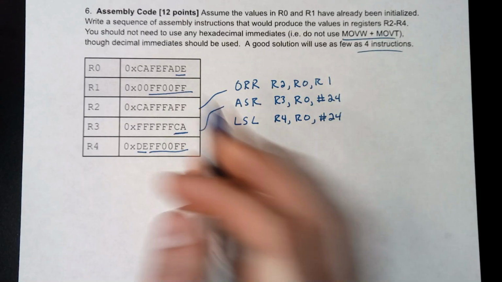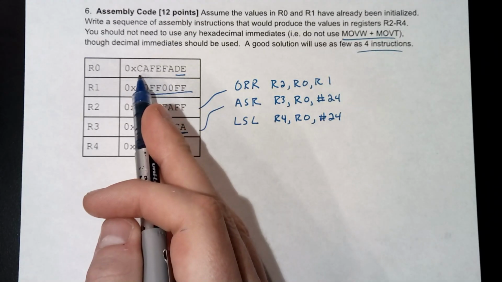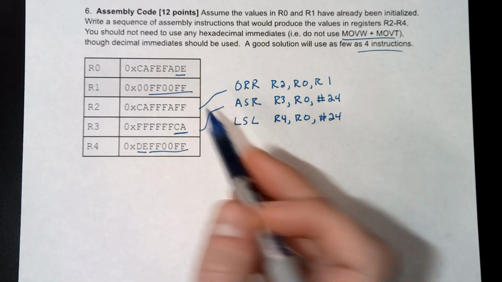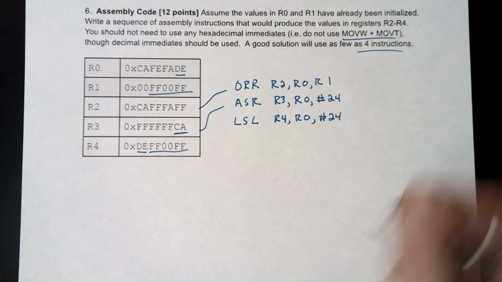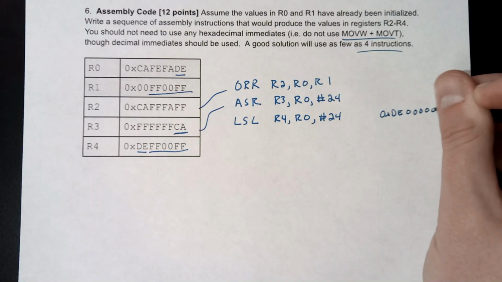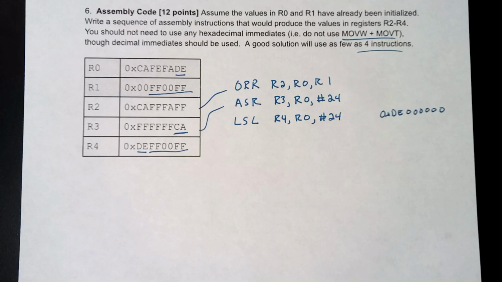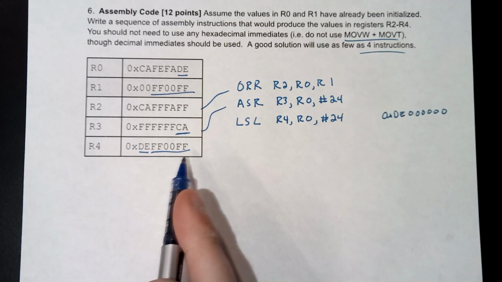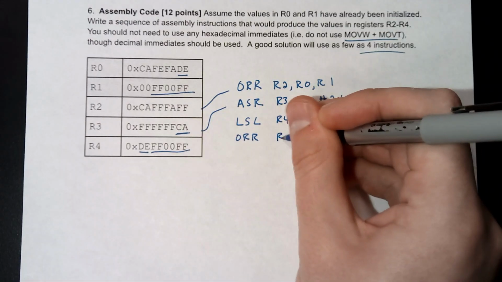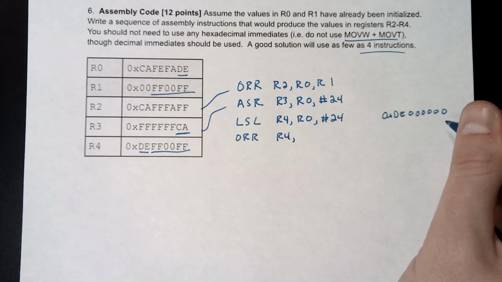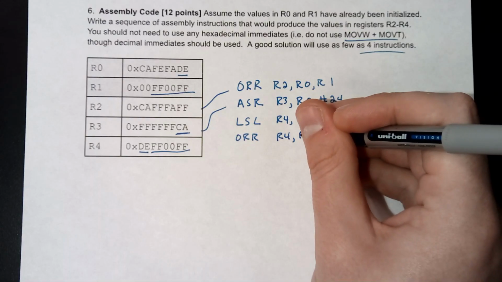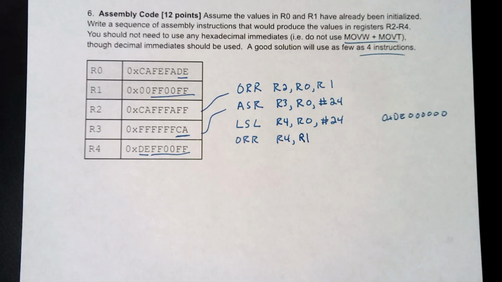We're taking that value and moving it over to here, and because LSL goes left, we fill with zeros on the right. That gives us effectively 0xDE000000 in our R4 register. Then we can do the same thing we did in the first step and OR together R4, which now looks like DE000000, with the value in R1, and that gets us our final result.